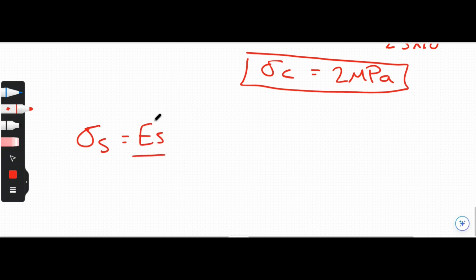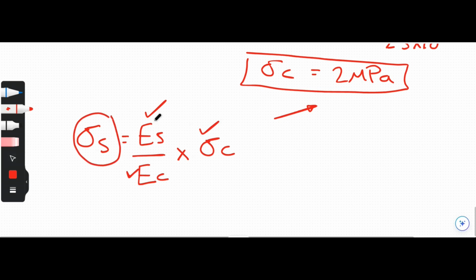Young's modulus of the steel divided by Young's modulus of the concrete times by stress in the concrete, which is there. You know the Young's moduluses and you know the stress in this concrete, which means you'll be able to work this out. Okay, so you now have a value for stress in steel and stress in concrete.